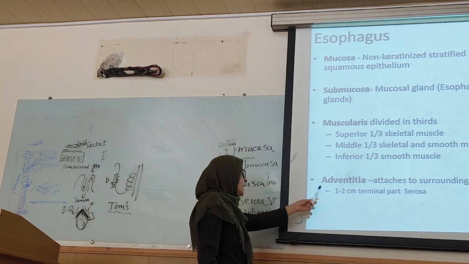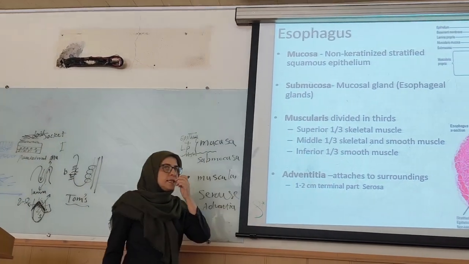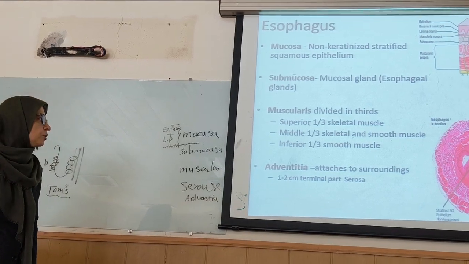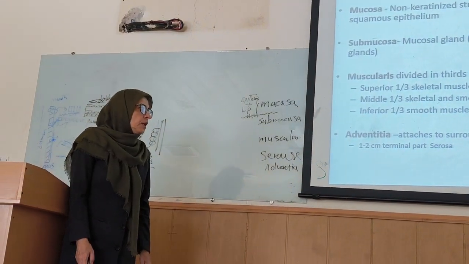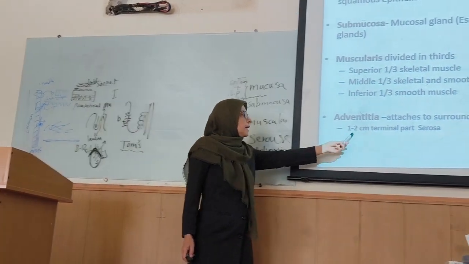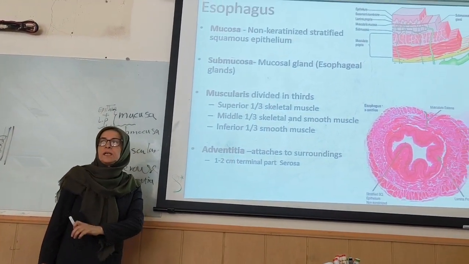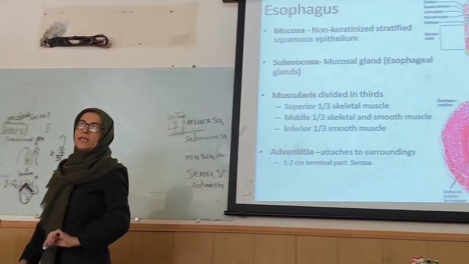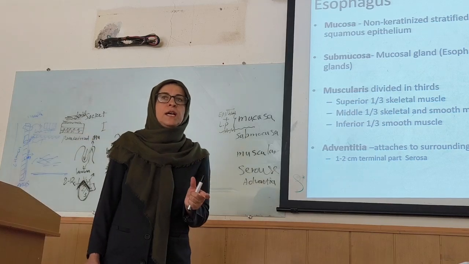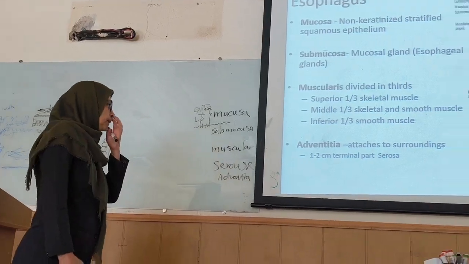And finally, the outermost layer is adventitia. That is a type of loose connective tissue, not serous, except the 2 centimeter end part that is located in the peritoneal cavity and connects to the stomach.